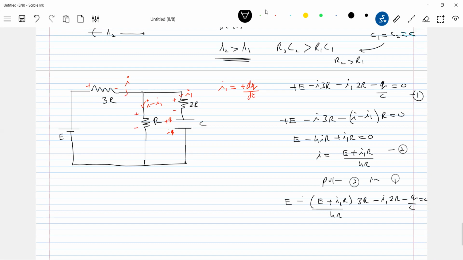So we have only I1 and Q. So now we can integrate. So this will become 3E by 4, 3I1 by 4 minus 3I1 by 4 and minus 2 this one. So this will be minus 11I1R by 4 minus Q by C equal to 0.